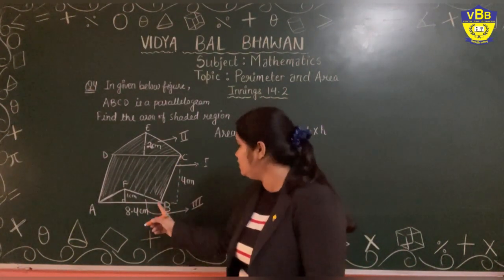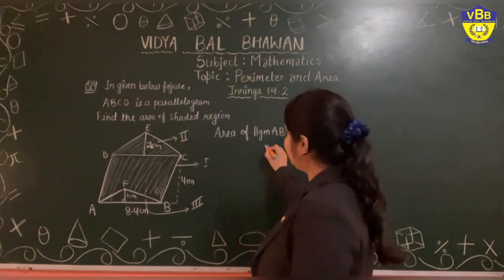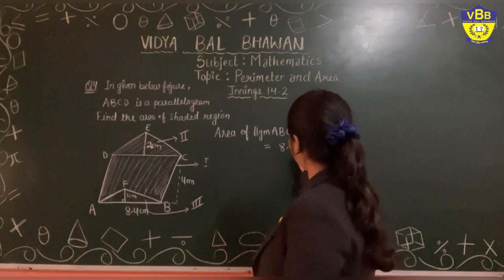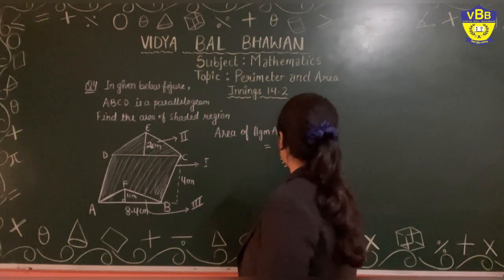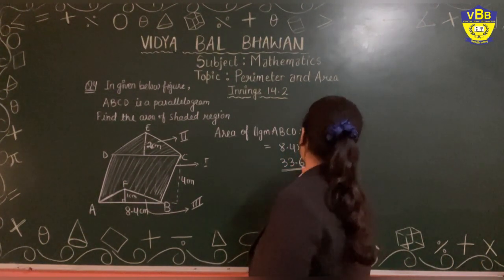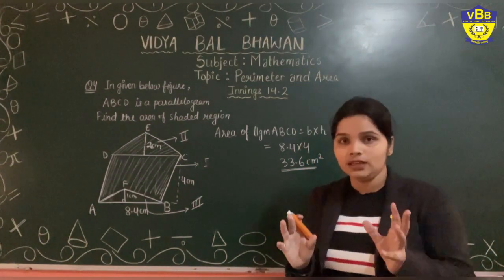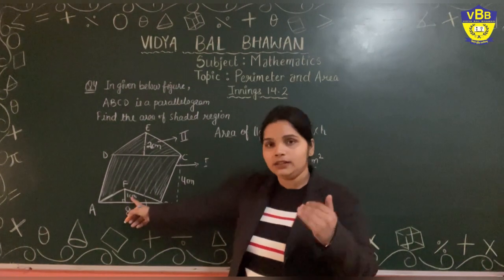This is the height of the parallelogram, that is 4 centimeter. Calculate 8.4 multiplied by 4. That gives you 33.6 centimeters square.